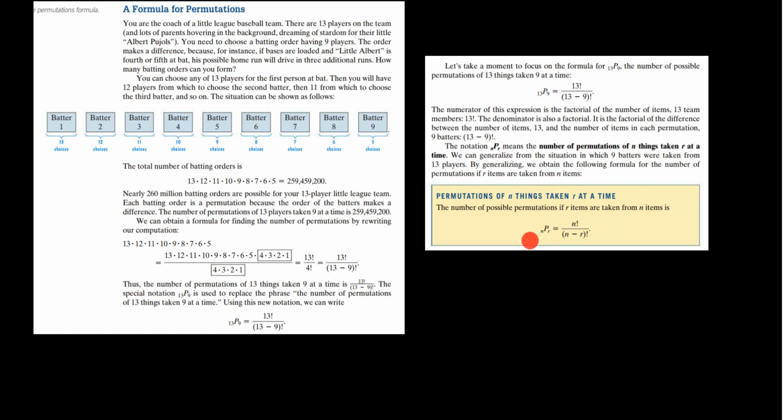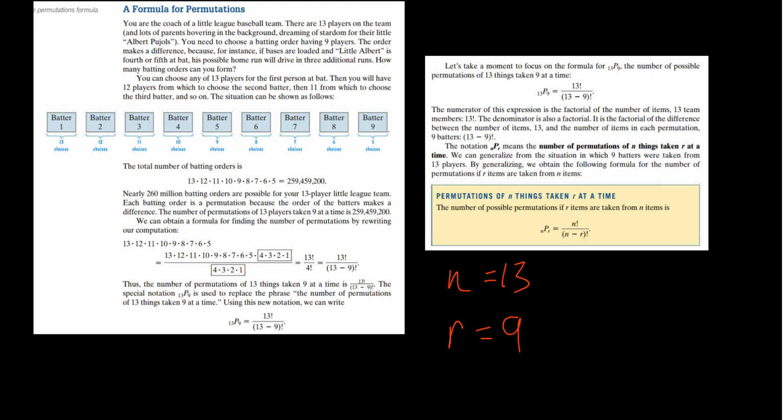That's the notation for it, and what that notation means we see down here. So again the 13P9: n would be equal to 13, P is just notation meaning permutation, and r is 9 of them. So you have 13 possible choices, but you need to permute 9 of them.